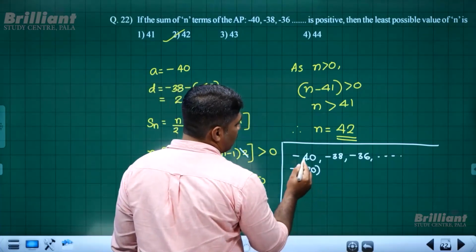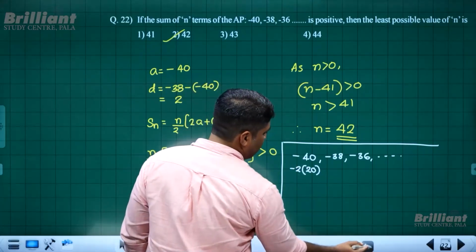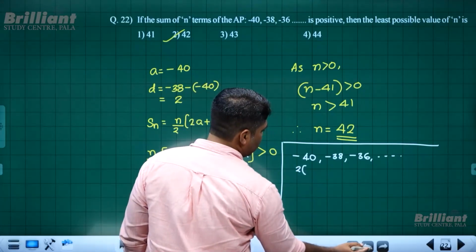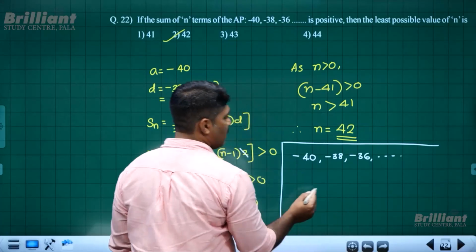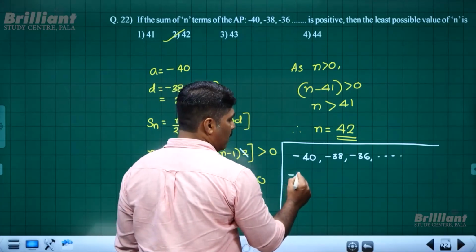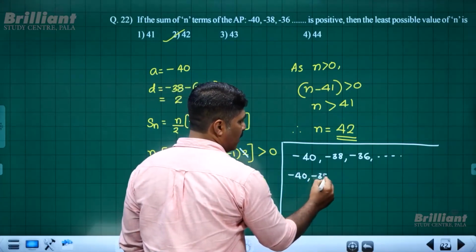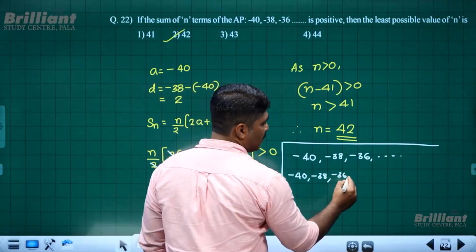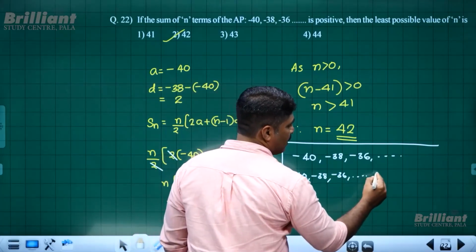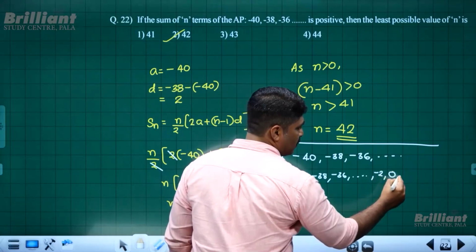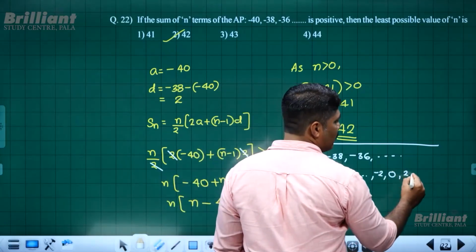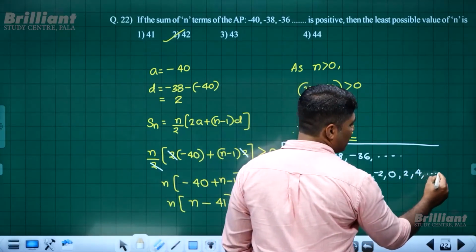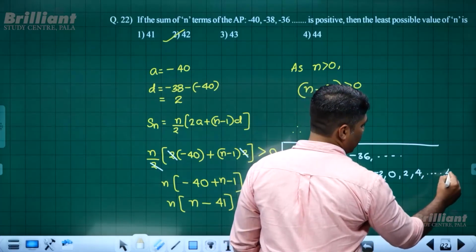Suppose this is negative 40. We are considering its positive version like this: minus 40, minus 38, minus 36, etc., minus 2, 0, then again 2, 4, etc., up to 40.